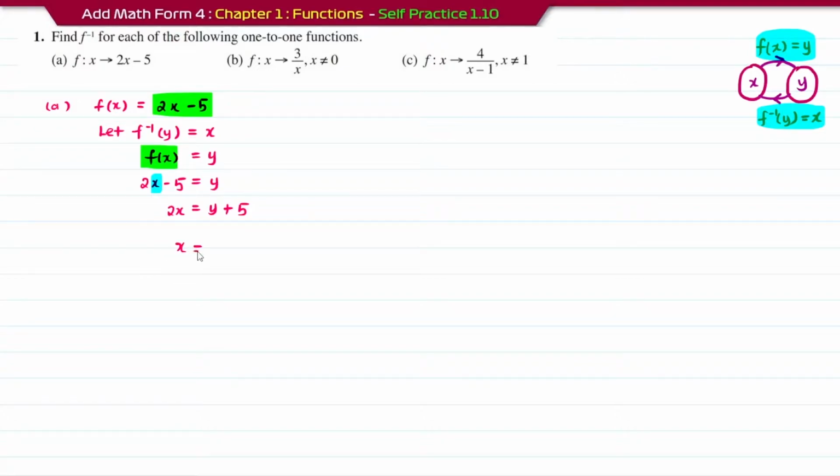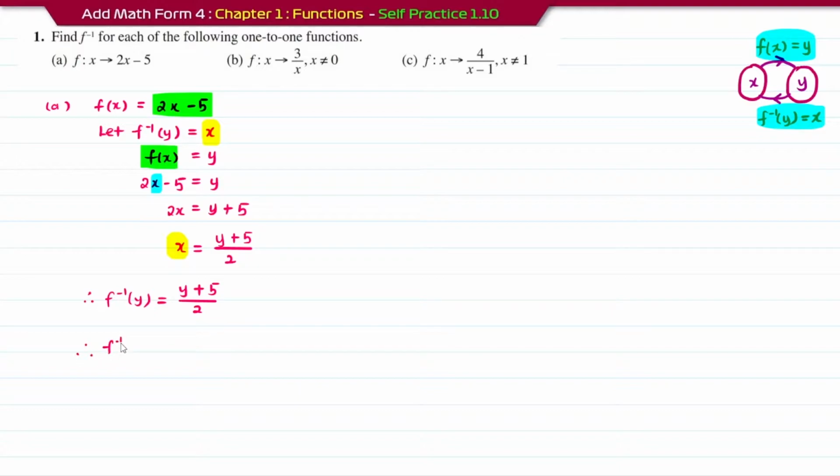So next, x is equal to y plus 5 divided by 2. Now, the x here is equal to the inverse f of y. Therefore, the inverse f of y is equal to y plus 5 over 2.